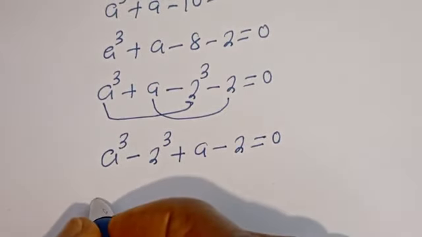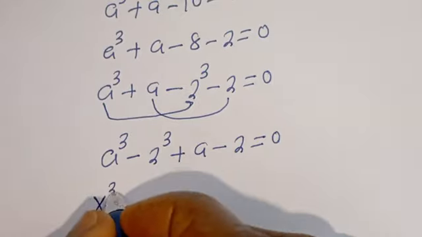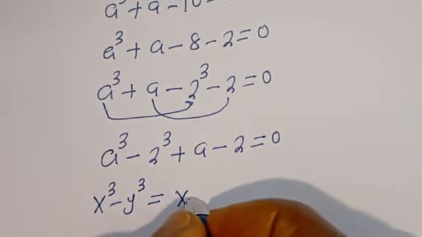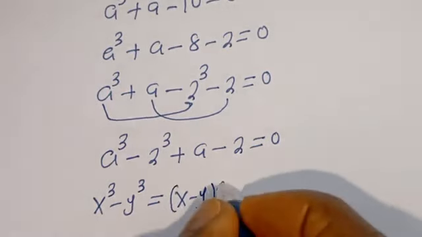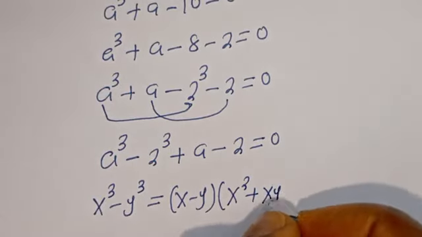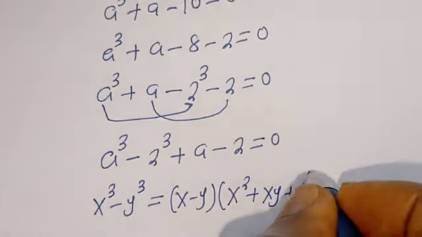Now take note of this, that if you have x to the power of 3 minus y to the power of 3, this is equal to x minus y bracket x square plus xy plus y square.